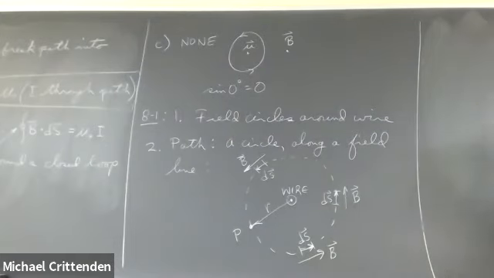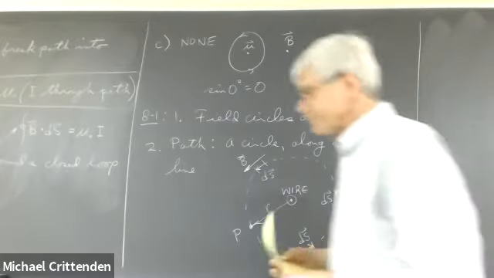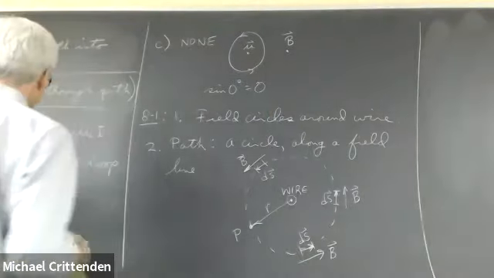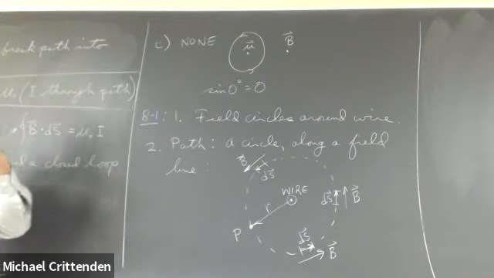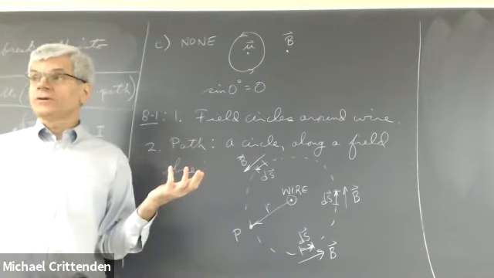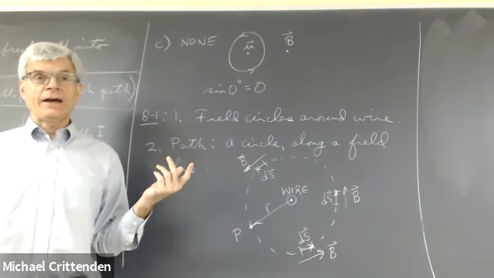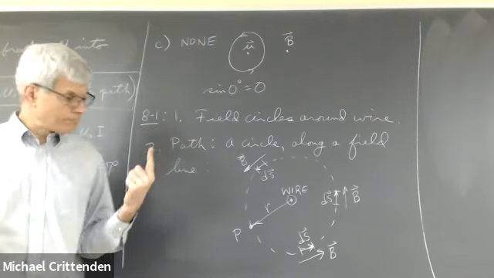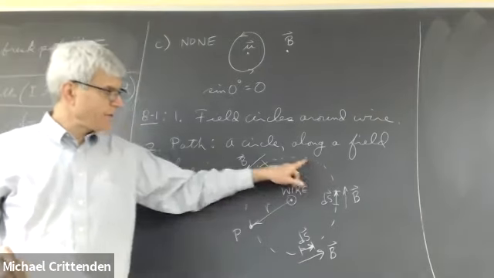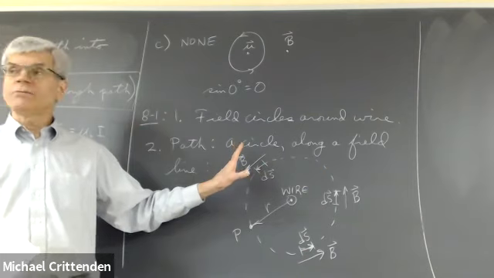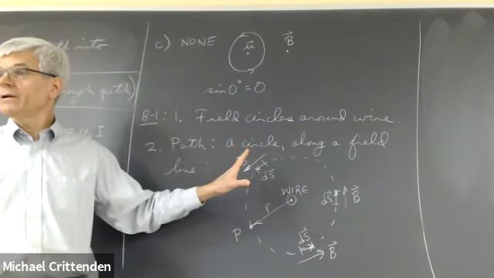So what I'm saying is anywhere on that path, the angle theta between B and ds, because we've got a dot product here, B dot ds, anywhere along that path, theta equals 0 degrees. So the cosine factor is always just equal to 1. Furthermore, every point along this path is in exactly the same situation as any other point along the path.